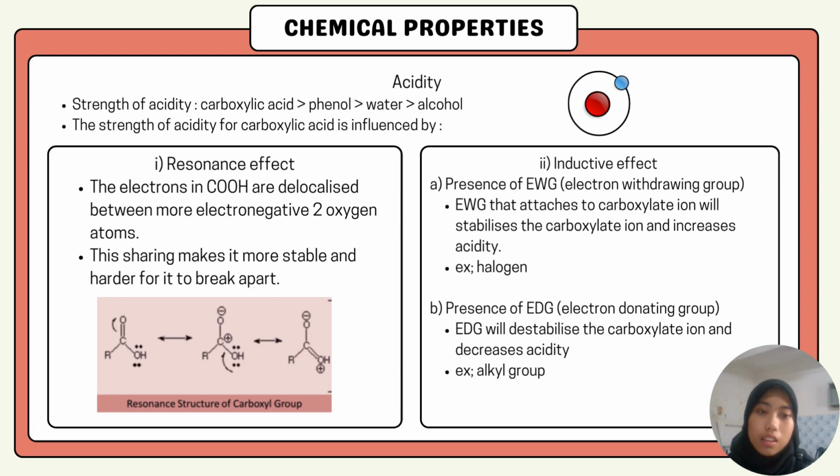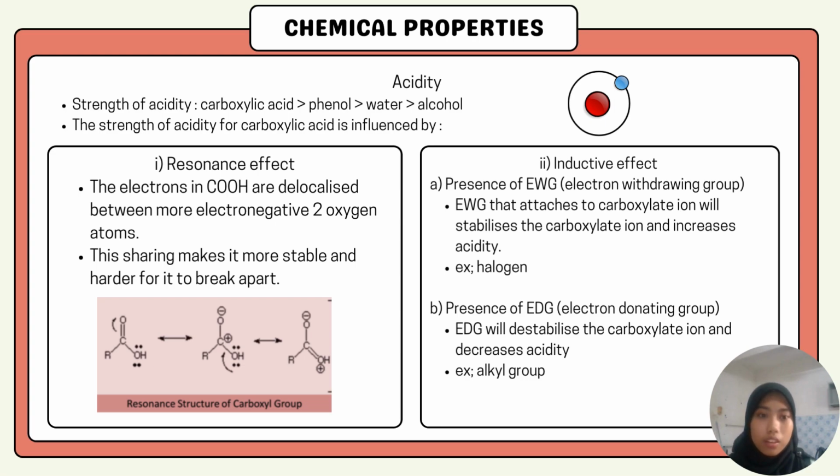Next is the inductive effect. So, the inductive effect is the way electrons shift in a molecule due to the presence of certain atoms or groups, and this happens through single bonds or sigma bonds.